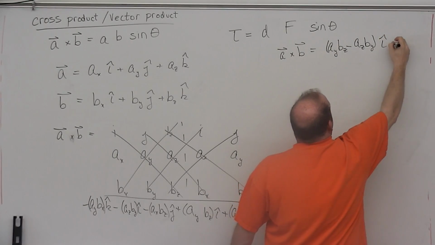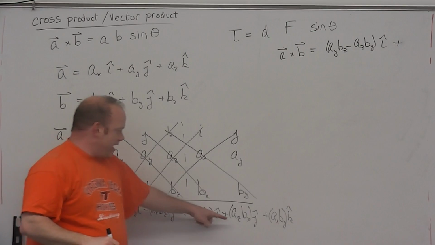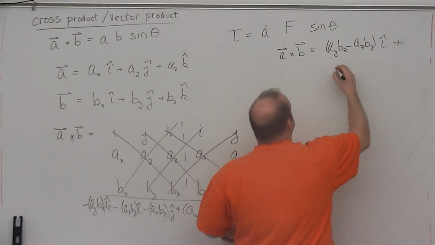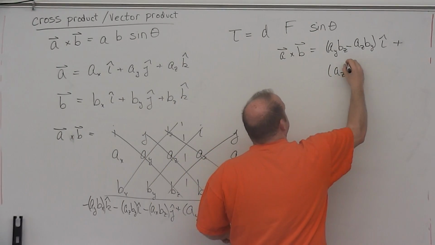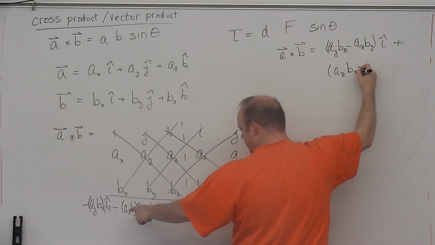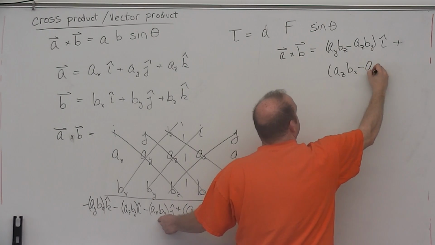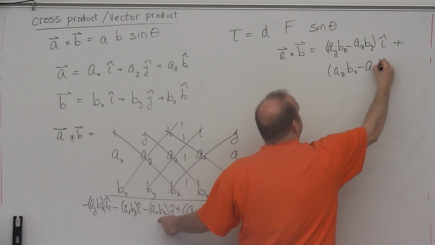I hat plus, I have to carry it over to the next line. The J hat is going to be AZ BX minus J hat over here, AX BZ. So you're just going to flip the subscripts here.